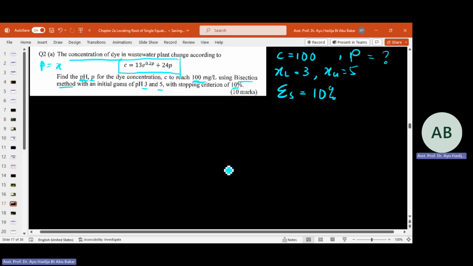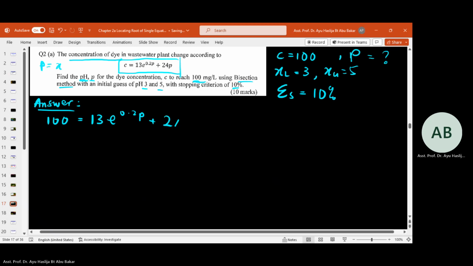So substitute all the info that you have. C equals to 100. So we need to generate the equation where the left-hand side is 0. Substitute all the info that you get. This one is the given. Now we want to generate left-hand side equals to 0. So what you do? 100 bring to the right side.